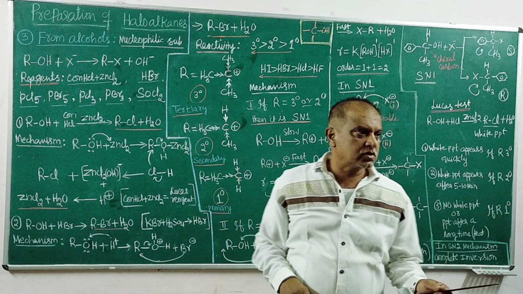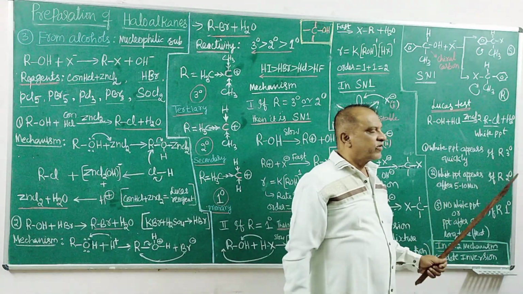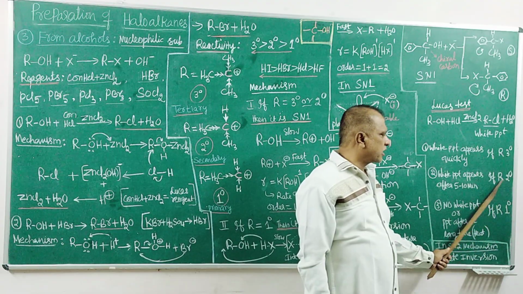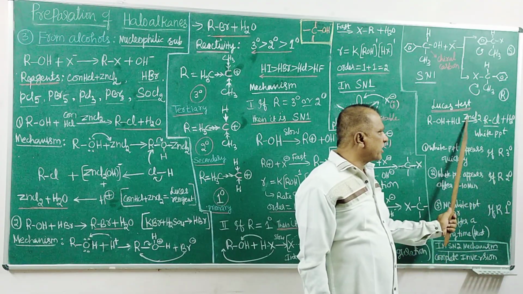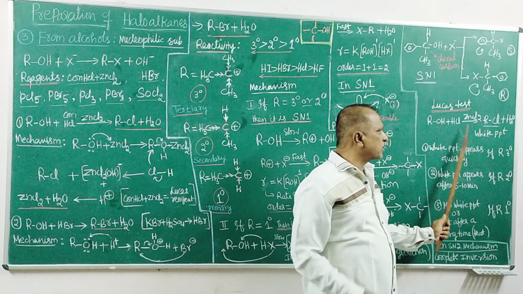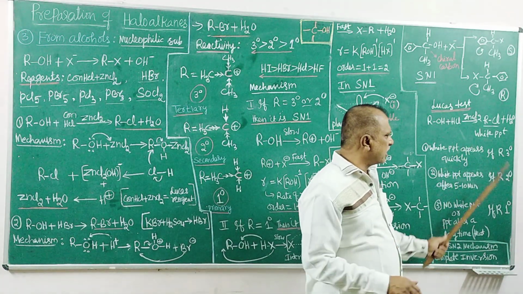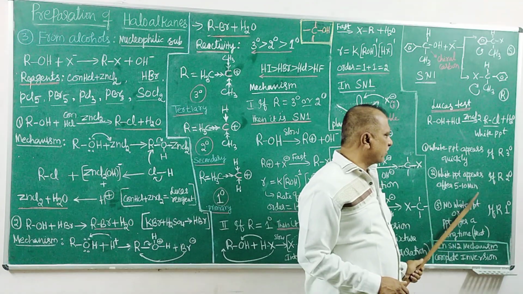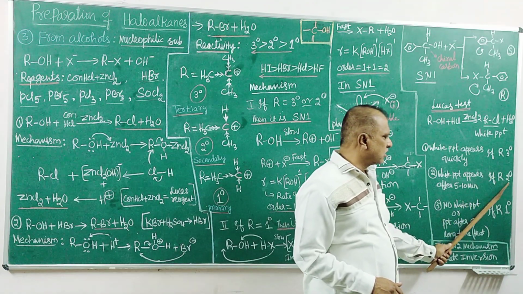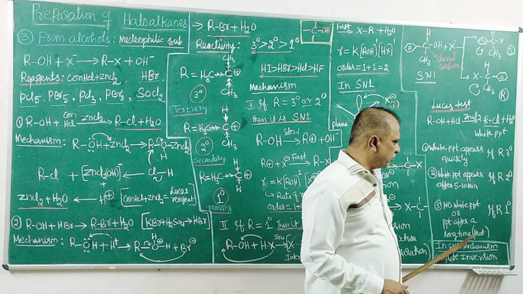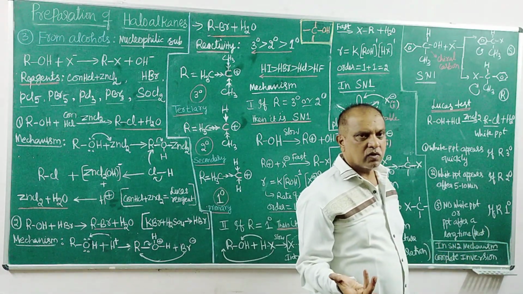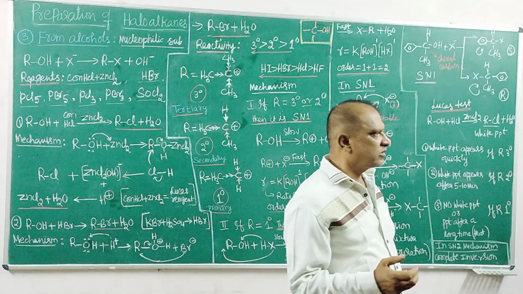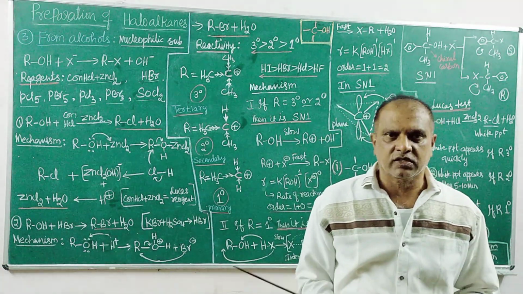When you add this reagent and shake it well, if you get the precipitate quickly, it is a tertiary alcohol. If you get it slowly, it is secondary; if no precipitate, or only after heating, it is a primary alcohol. A very good test for testing different types of alcohols, called the Lucas test. Thank you.